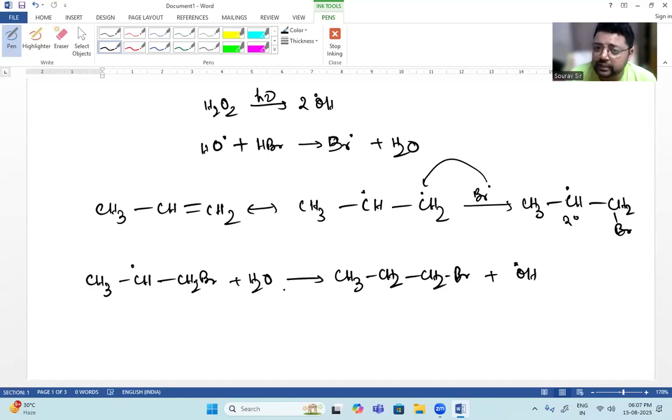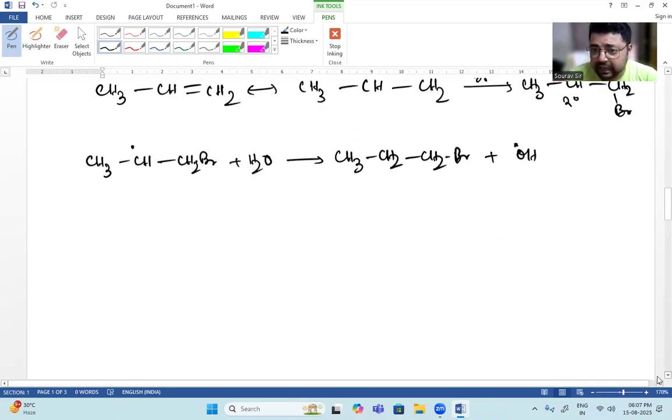Both the formation of Br radical as well as the addition of the Br radical are exothermic in nature, but for the others some steps are endothermic and some exothermic. This is the difference between bromine radical and others. So for the anti-Markovnikov reaction, the peroxide effect, the most important reagent is HBr and peroxide.